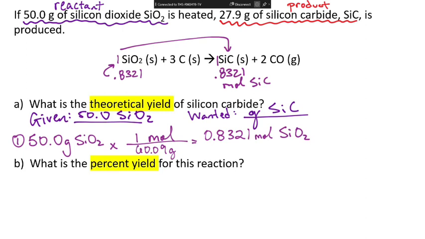And then I want to get that into grams for my final step. I'm just going to call that step 2 up there. And then finally, I want to convert that 0.8321 moles of silicon carbide into grams.